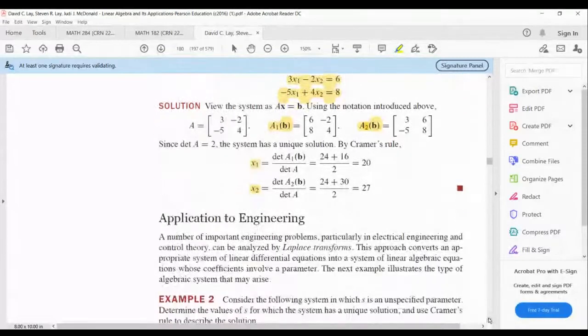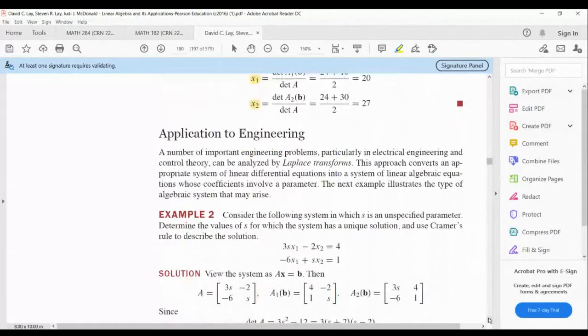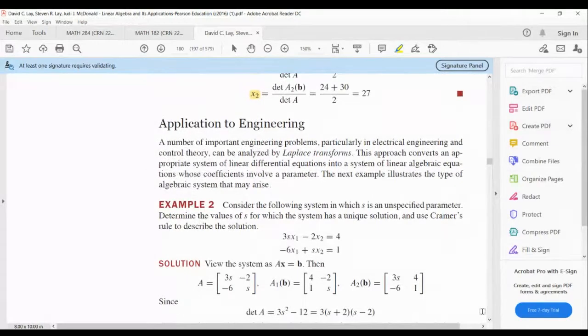So they talk about applications to engineering. A number of important problems, particularly in electrical engineering and control theory, can be analyzed using Laplace transforms. If you take differential equations, which is Math 282, which I teach (actually, I'm the coordinator for that course), you'll learn about Laplace transforms.